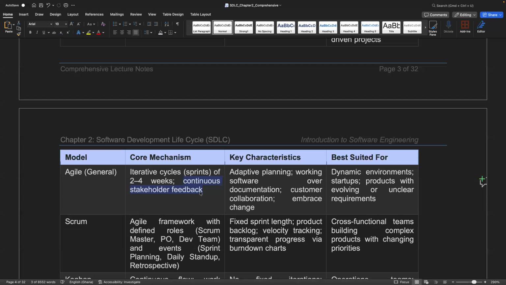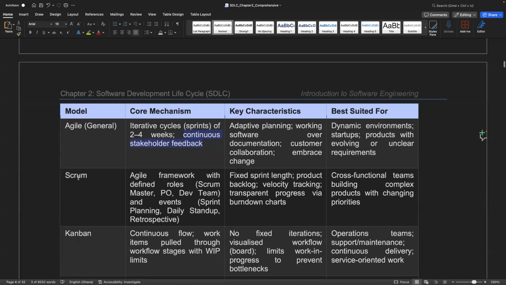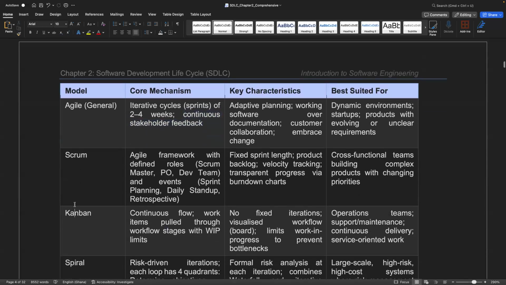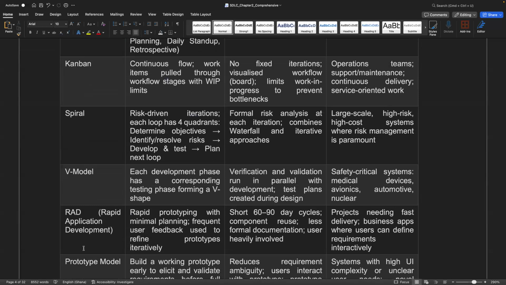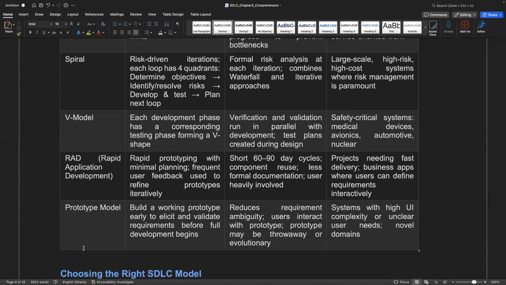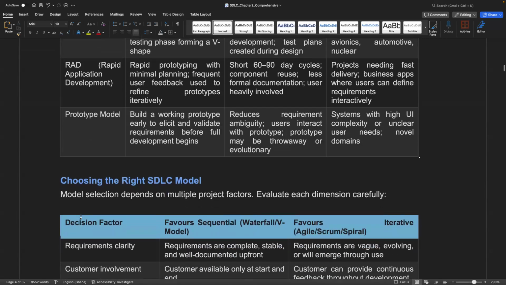Because everything that we do, we need to make the user aware and engage them every day. Likewise, we have the Scrum, the Kanban, the Spiral, the V model. We'll go into details as we go by, the RAD and the prototype.